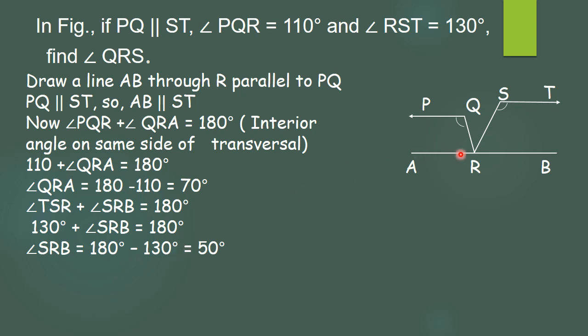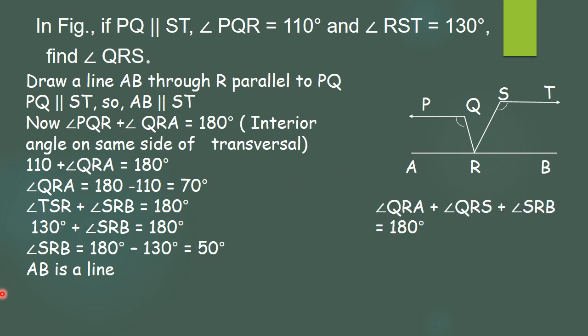Now AB is a straight line, and this RQ and RS are the two rays standing on it. So naturally what we get is angle ARQ, or we can write angle QRA plus angle QRS plus angle SRB is equal to 180, because it is a straight line, this addition of all three angles will be 180.